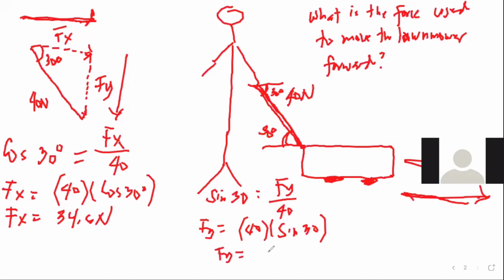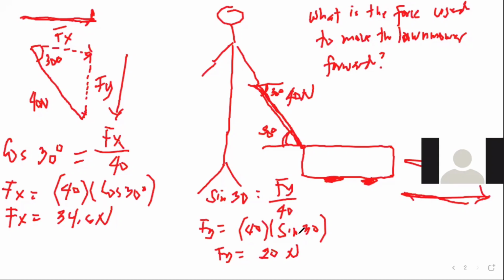And your Fy will be 20 Newton, because sine 30 is 0.5. So 20 Newtons of the force is moving downward, while 34.6 Newtons of the force out of 40 was used to move it forward. So no is the answer.